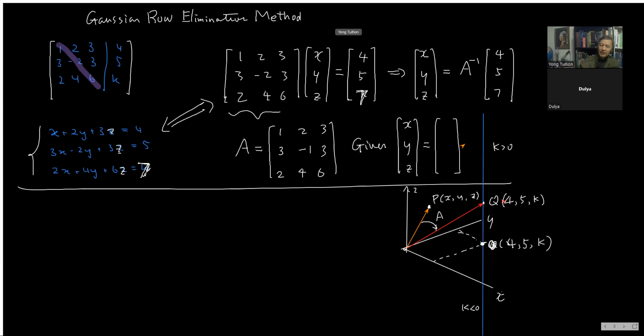What do you think? Should K be equal to 0? What would K equals 0 give?